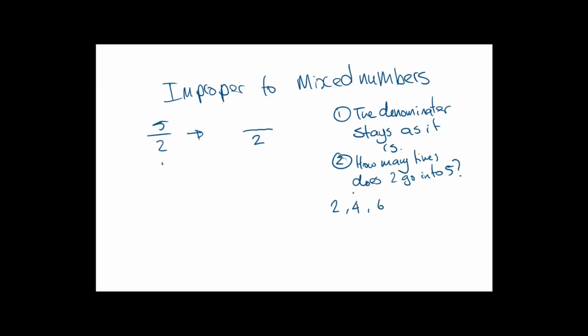So it's only going to go in twice. Okay. This number becomes our whole number. And it's not the 4, it's the 2. It's the how many times does it go in that we really care about. So it's going to become 2 out the front there.